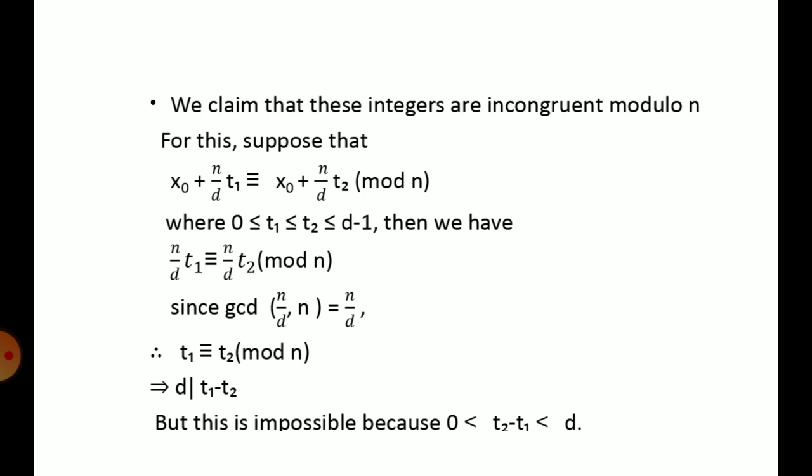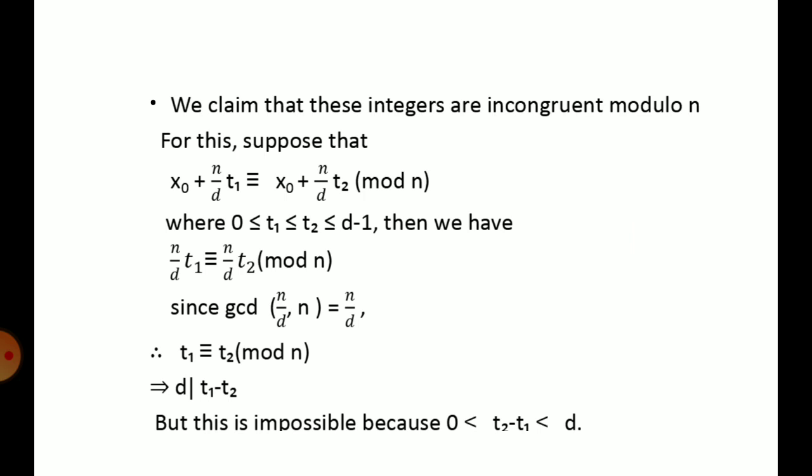But as we have t1 is less than or equal to t2, therefore t2 minus t1 or t1 minus t2 is less than d, and therefore this is not possible. d divides t1 minus t2 is not possible because the value of t1 minus t2 is smaller than d, and it is not possible that d divides any other integer which is smaller than itself. That means we get a contradiction.